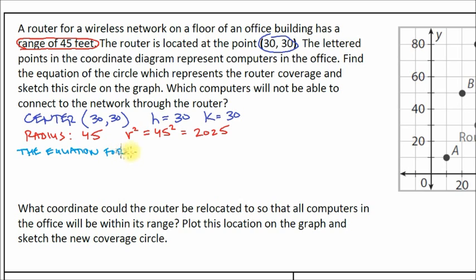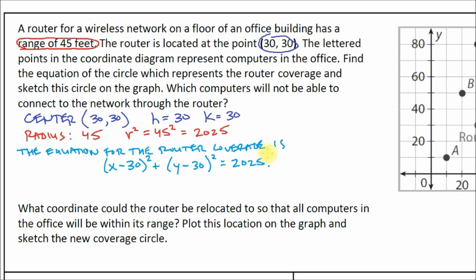The equation for the router coverage is going to be (x minus 30) squared, there's our h value with the sign flipped, plus (y minus 30) squared, there's our k value with the sign flipped, equals r squared, 2025. So there's our first question answered, the equation for the router coverage.